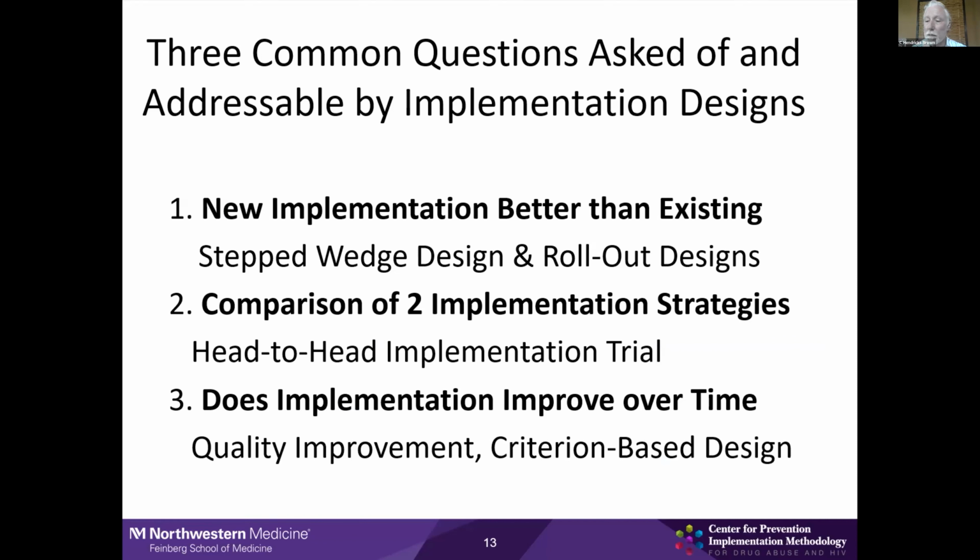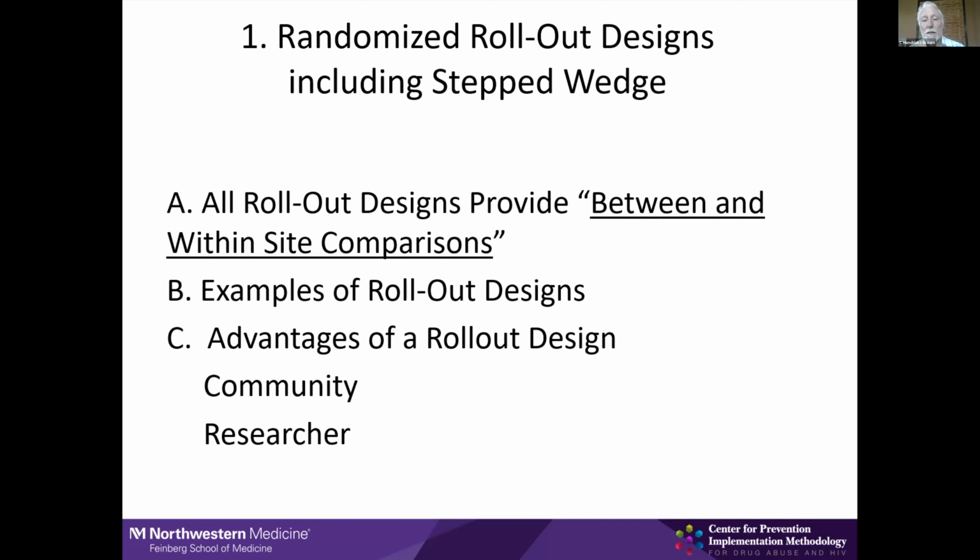Which one looks better in terms of implementing an evidence-based intervention? These are called head-to-head implementation trials. A third one: does implementation improve over time? A quality improvement design would be useful here, as well as what people are calling a criterion-based design, which is essentially similar.